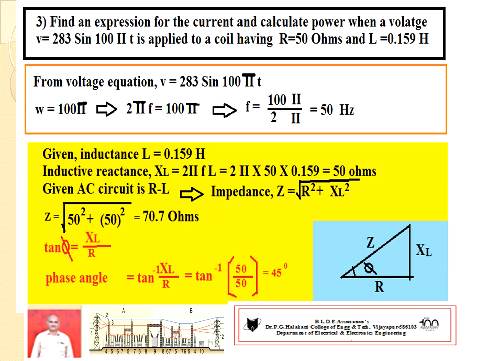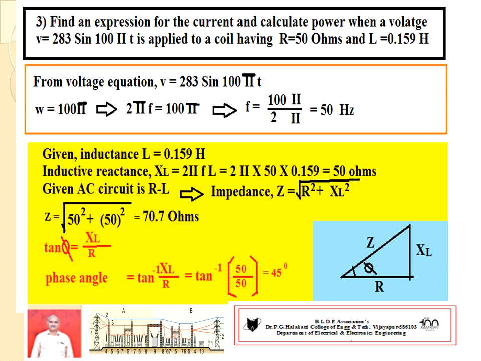In front of sine and behind the t is omega. Omega equal to 100 pi. This omega is also equal to 2 pi f. Therefore, 2 pi f equal to 100 pi. Hence, the frequency of the applied voltage is 50 Hertz.